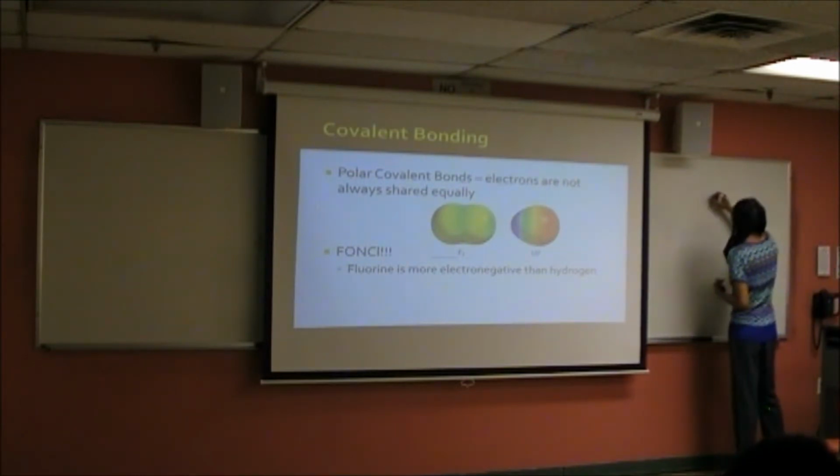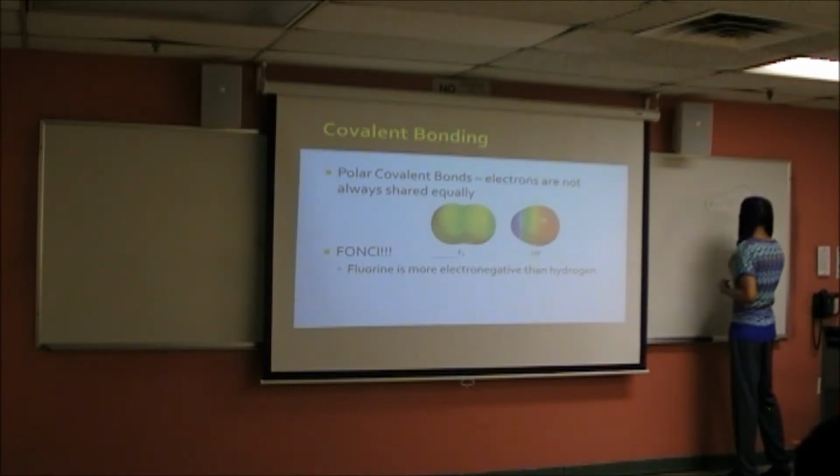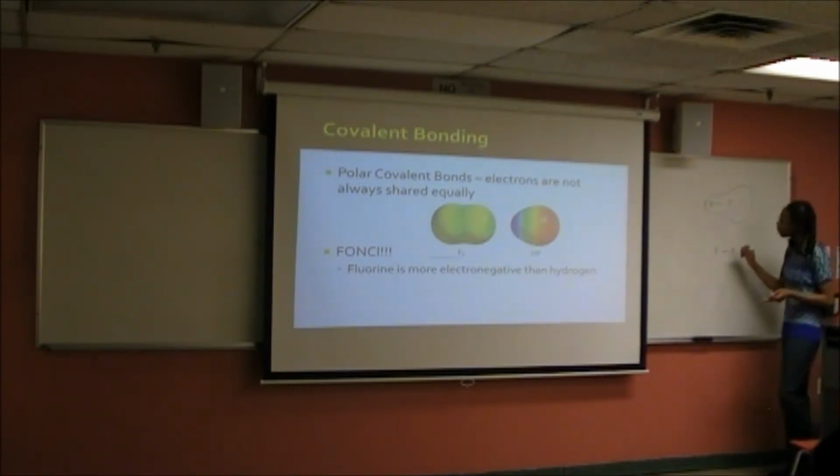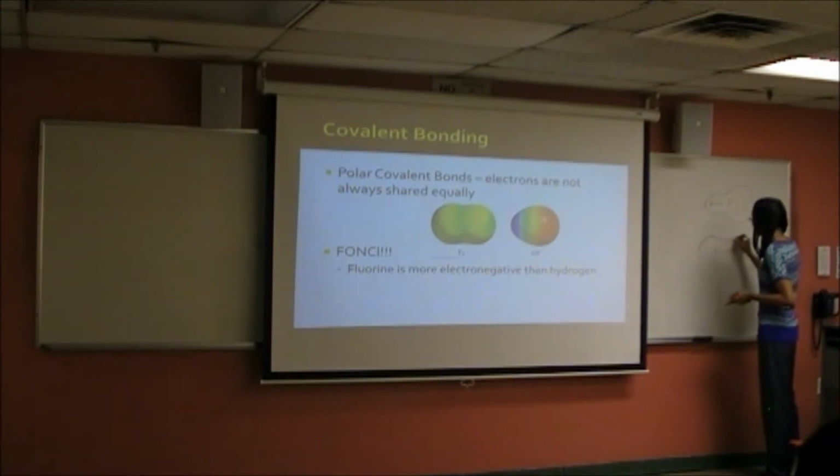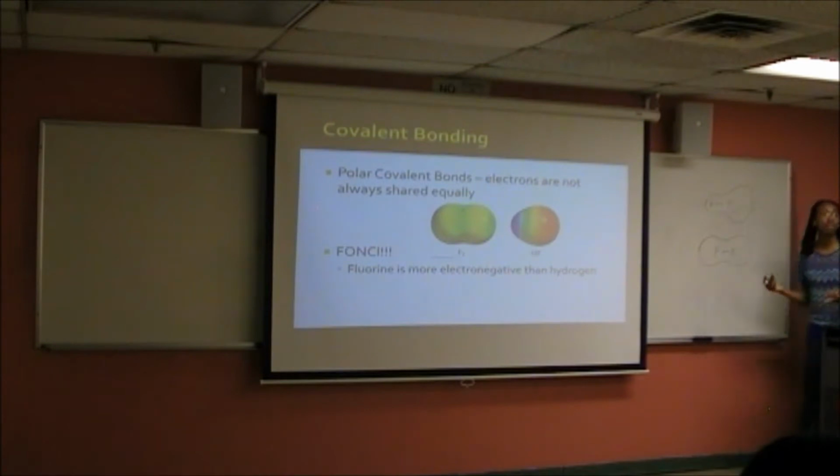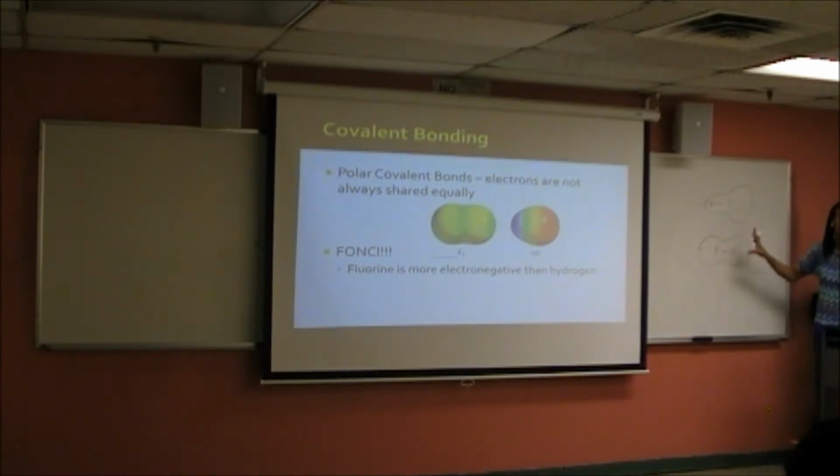Towards your fluorine. But for your fluorine bond, it's basically even, so your electron density is going to be basically even. This is what we're talking about with polarity: your electron density being distributed unevenly or evenly.